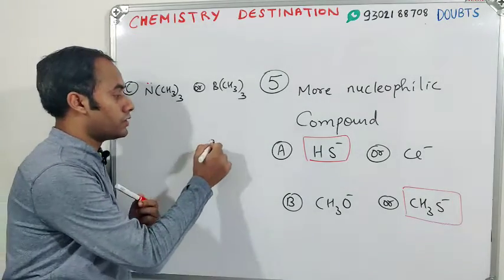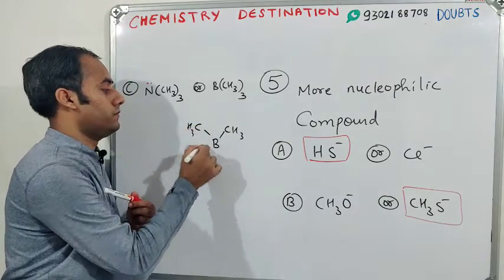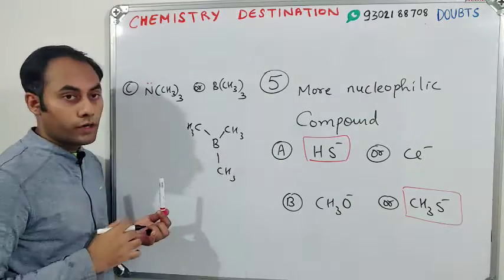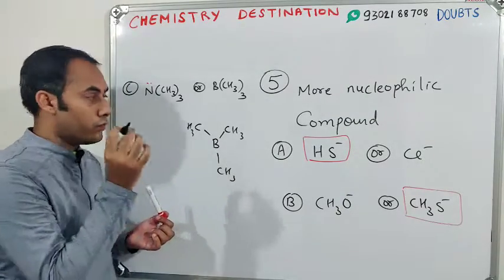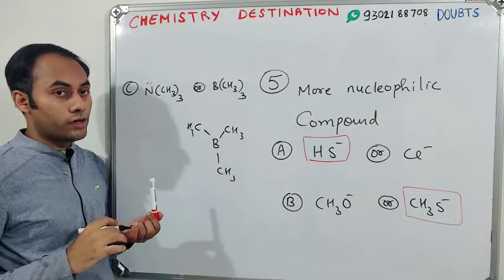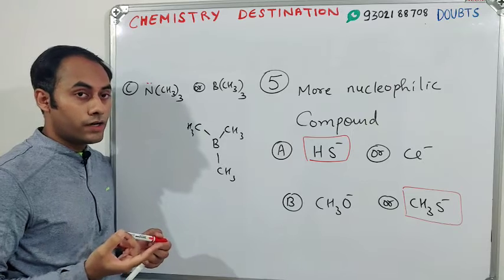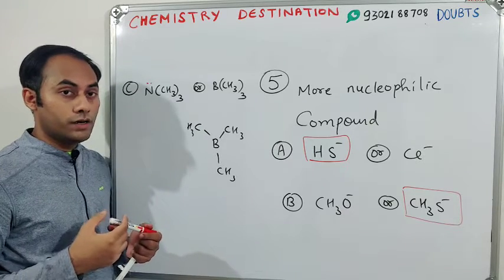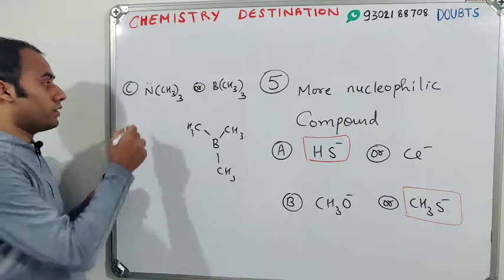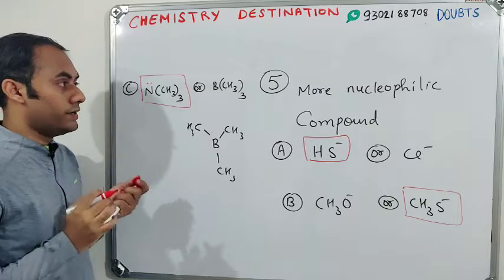We can draw the structure like this: CH3, CH3, CH3. So there is no lone pair on boron, whereas on nitrogen we have 1 lone pair of electrons. Obviously the species with a lone pair of electrons or a negative charge will be a strong nucleophile. So the correct answer is N(CH3)3.